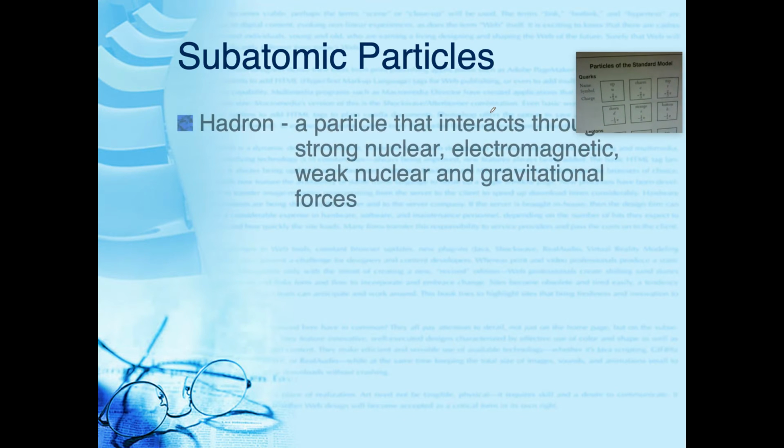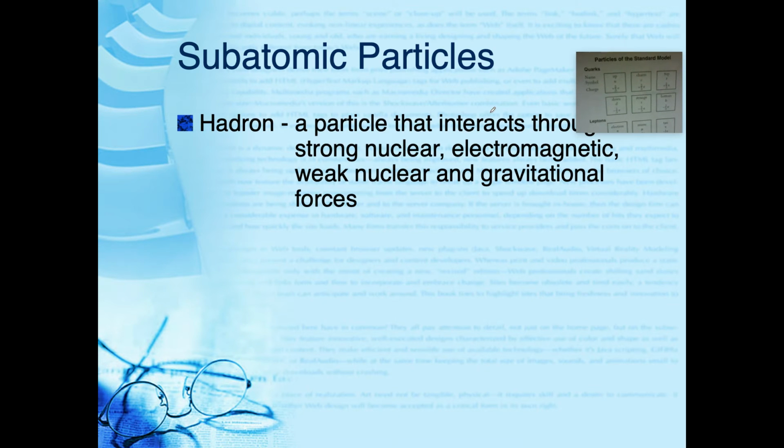Well, on the right side of that page are the particles of the standard model. And you can see here there are two kinds, quarks and leptons. Now, the quarks are listed here. We have an up, down, top, bottom, strange, and charm quark.